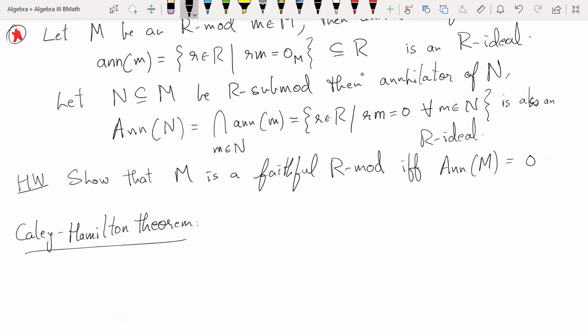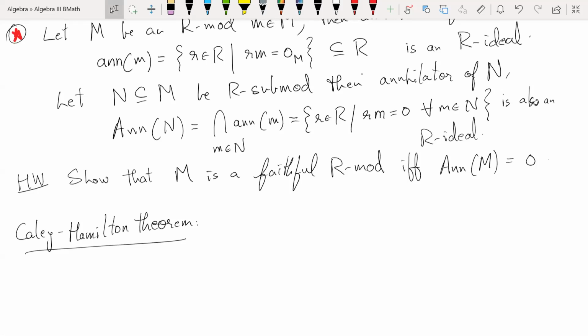Yeah. So the down to earth version is, if A is a square matrix, then you can look at its characteristic polynomial. And if in the characteristic polynomial you plug in the matrix, then you get some other matrix, and that matrix happens to be 0. Yeah, that's Cayley-Hamilton. Is that the version you are familiar with? Yes, we have done that.